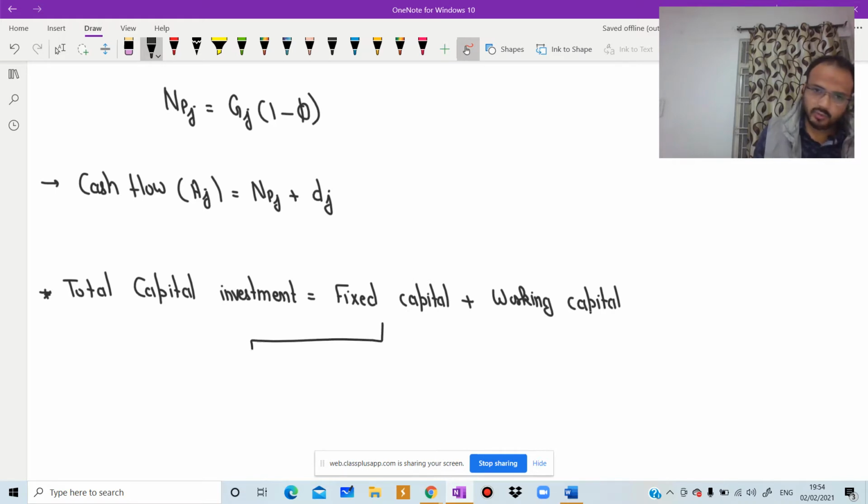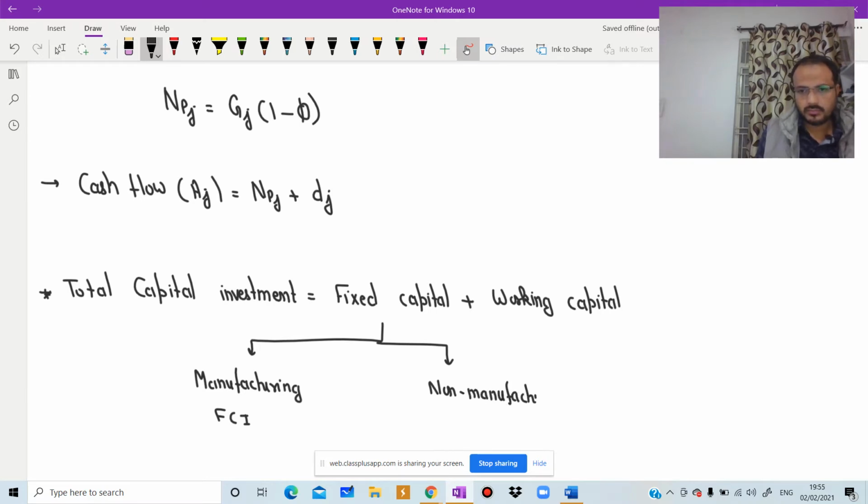In fixed capital, we have two types: manufacturing fixed capital investment and non-manufacturing fixed capital investment.